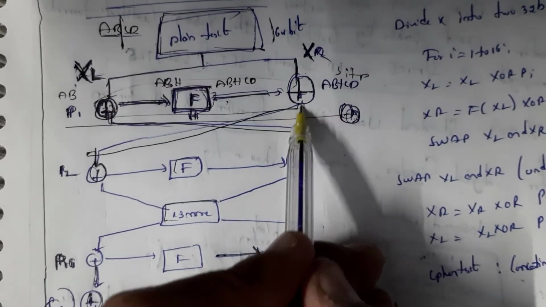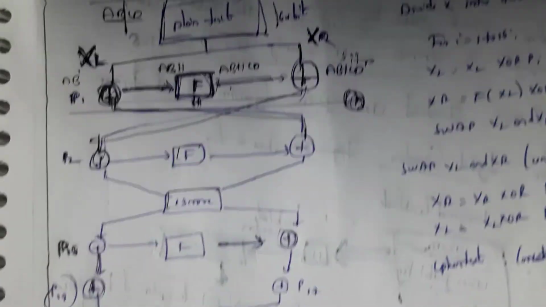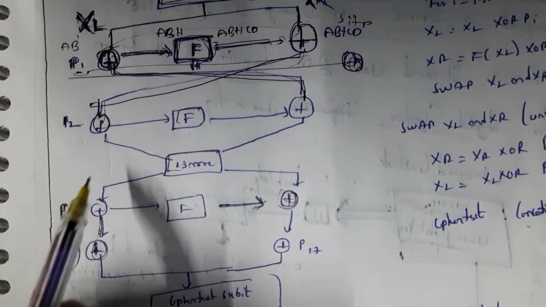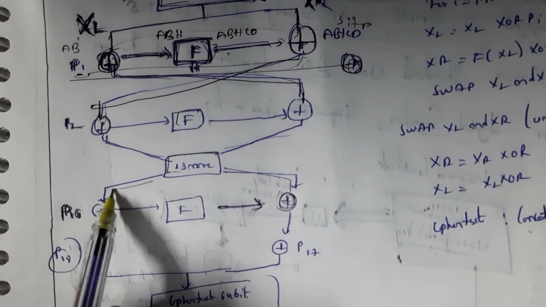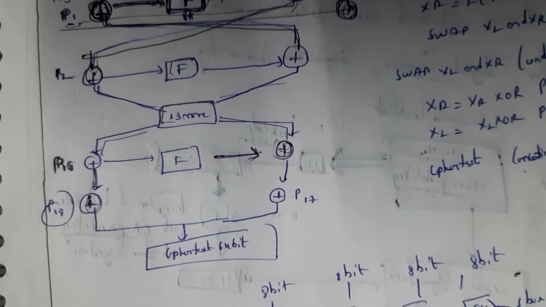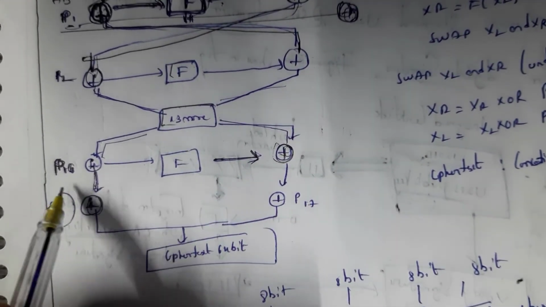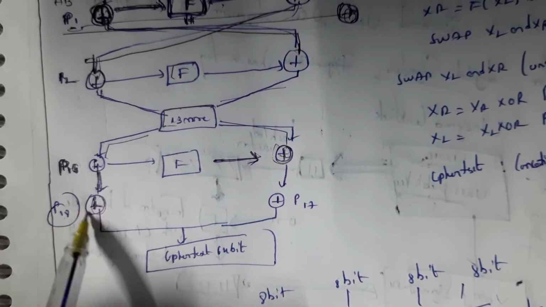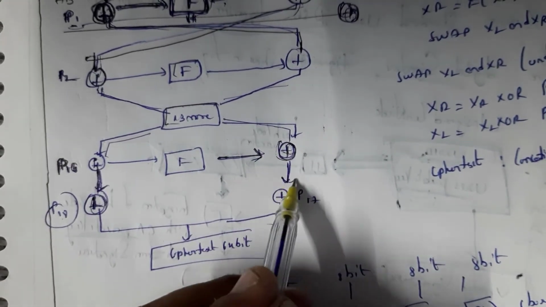Similarly, I send the right side part to the left side and the left side part to the right side. This is known as process 1 and this is known as process 2. Repeat this same process 13 more times, and at last at process 16, the left side part is sent here and the process 16 right side part is sent here.